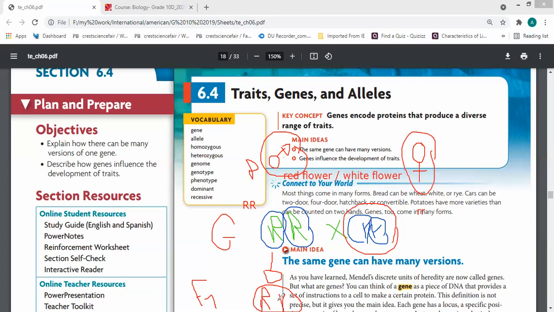Clear? Which means this first generation, the red flower, has the gene of white flower, but it has not appeared. The red flower just appears. Clear?